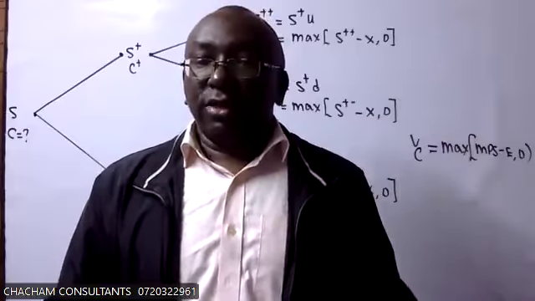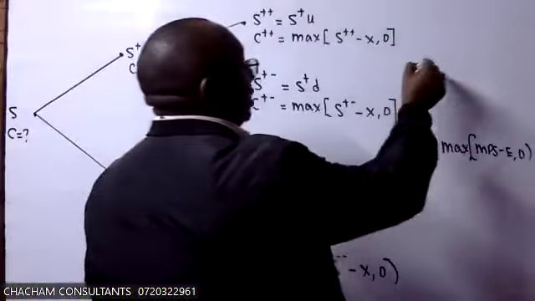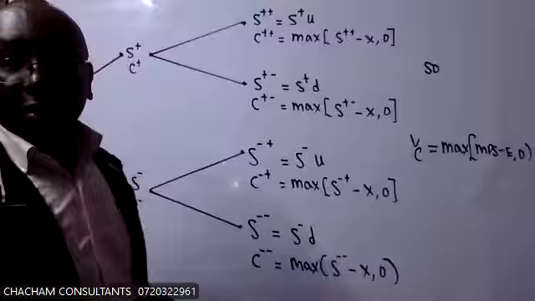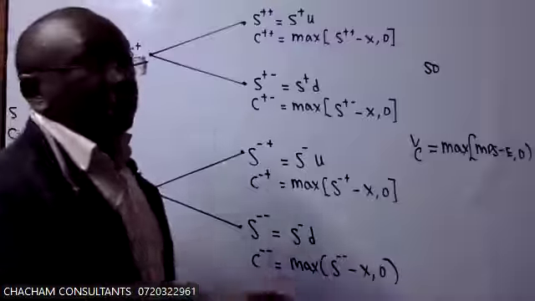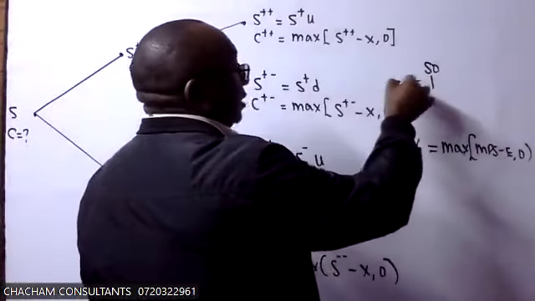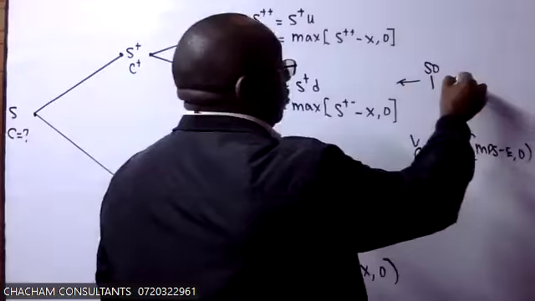So if for example the exercise price is 50, by the time it is ready to exercise, you can get something less than 50 or something more than 50.